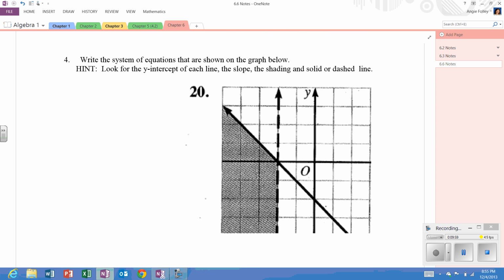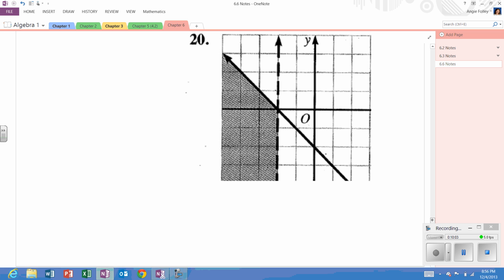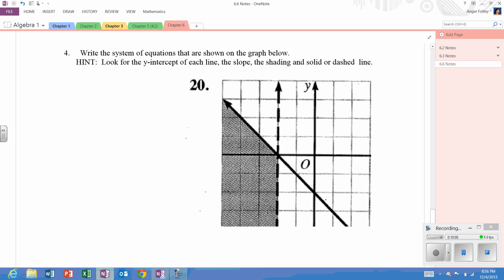Okay, we've got one last example. In this case, we're going to have to come up with the inequalities from the graph. So we have to look at the graph and write the inequalities. I would start by writing your equations first, getting the general form. This line right here, do you see how it is a vertical line?